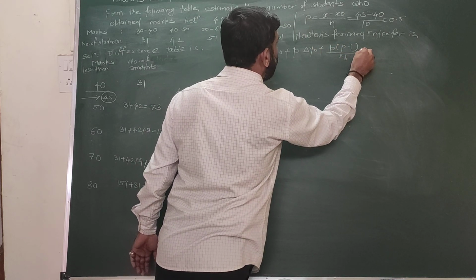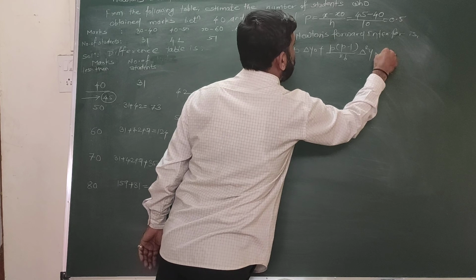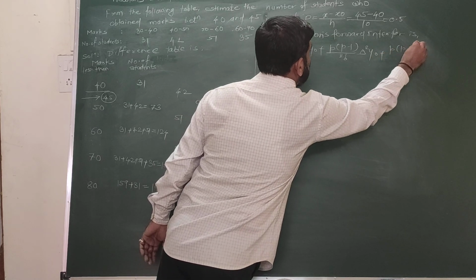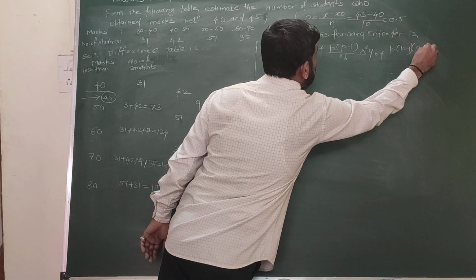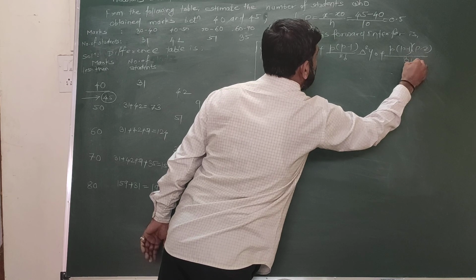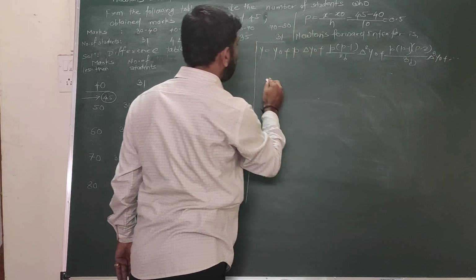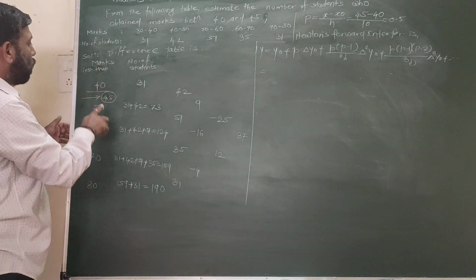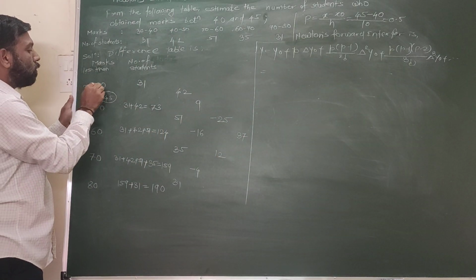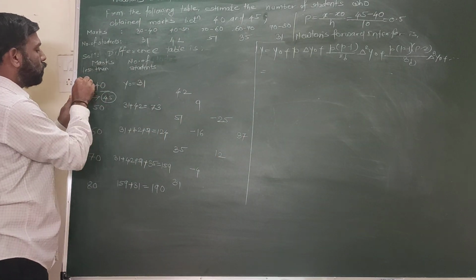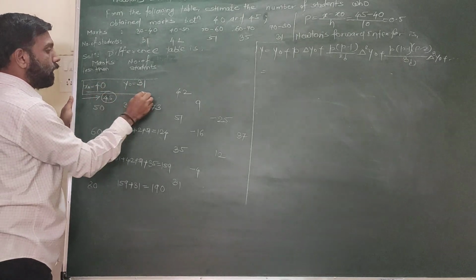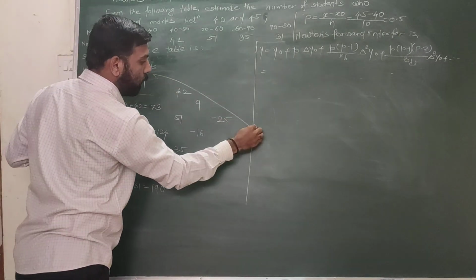We are using the forward interpolation formula here. Now, we have assumed this is the x0 value, so this becomes y0, and we'll take the values accordingly in this table.